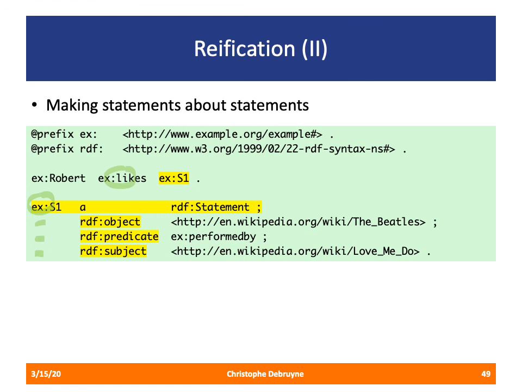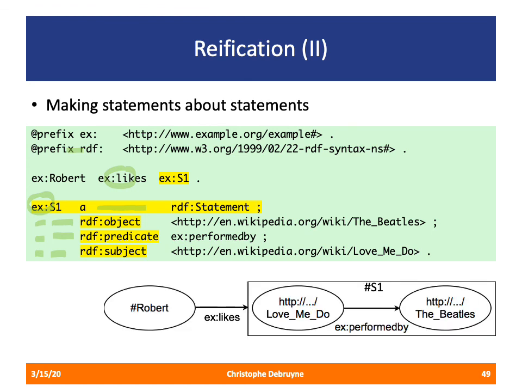Now, RDF statement and the three properties are all declared in the RDF namespace, which has been standardized by the W3C organization. And this is the same example. We're making a statement about a statement. We state that Robert likes the performance Love Me Do by the Beatles.